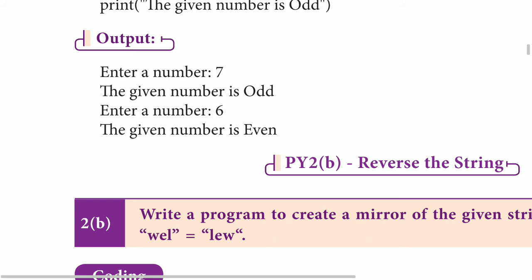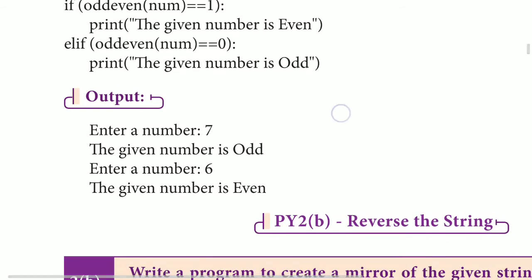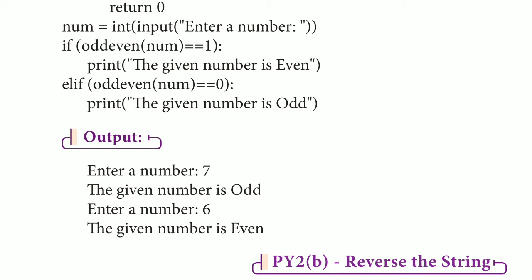So that's what is given here. All these things are given in if elif. If the if statement becomes false, then the elif will be executed. If the if condition is true, then the elif will not be executed.